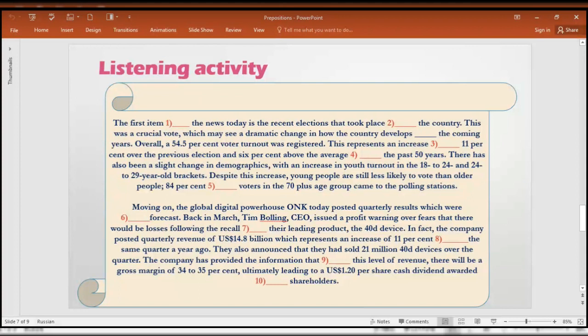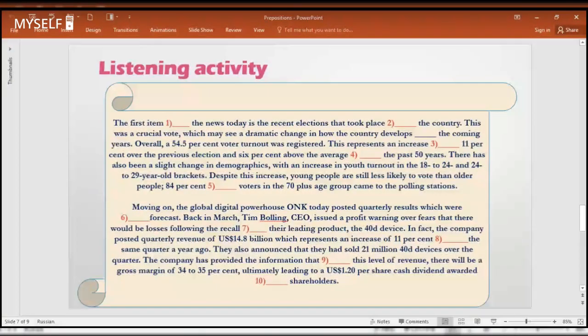So thank you guys. Now I'm going to give you the exact right answers. The first item is in, and the second one is across.